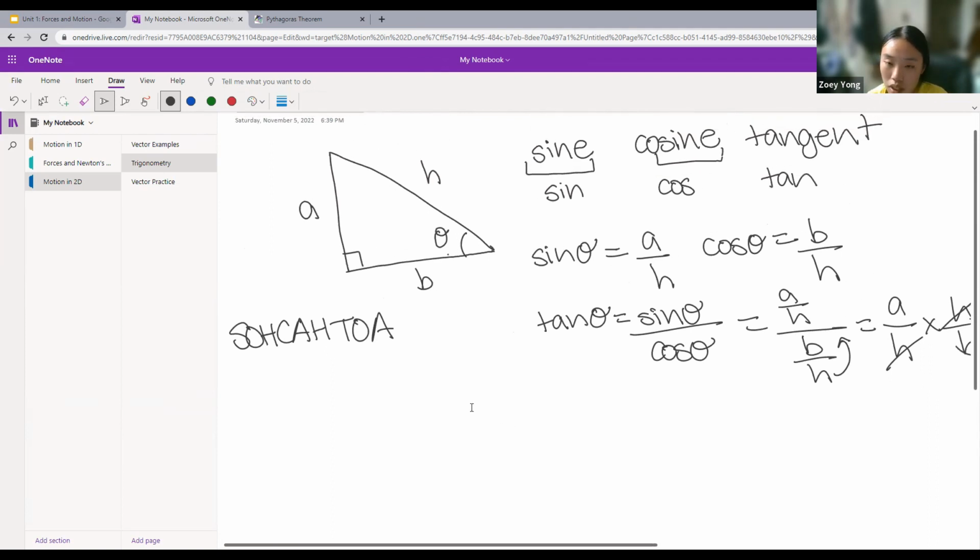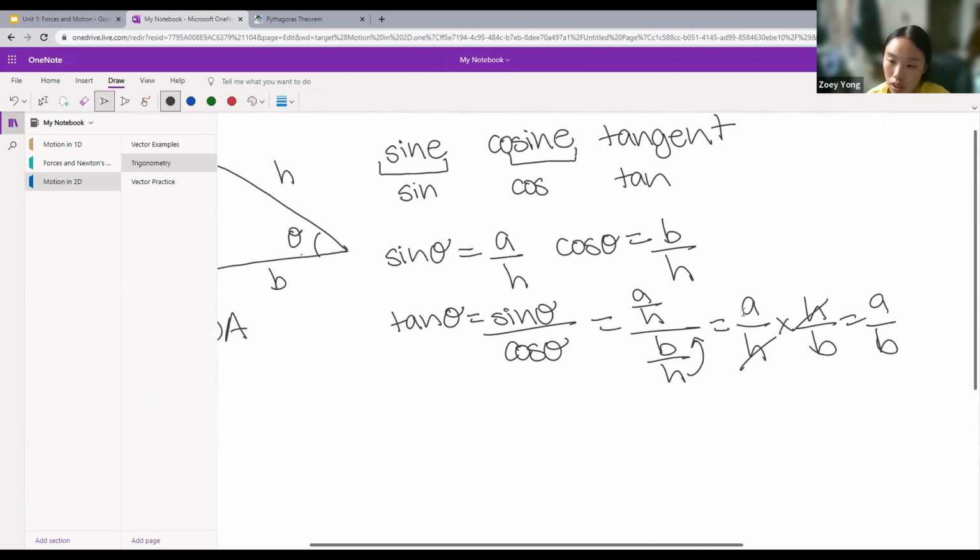We actually need one last thing. From this, sine theta equals A over H, right? So what if we wanted to find A and we had theta and H? Sine of an angle is something you can type into your calculator and it'll spit out a number if you have theta.